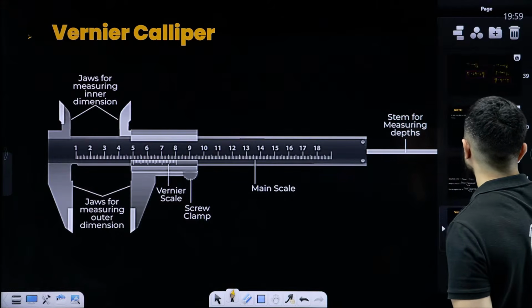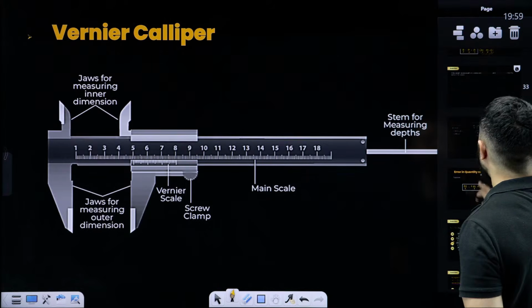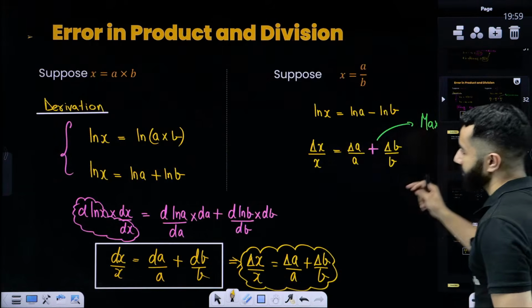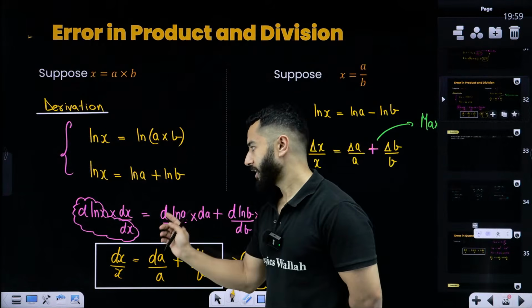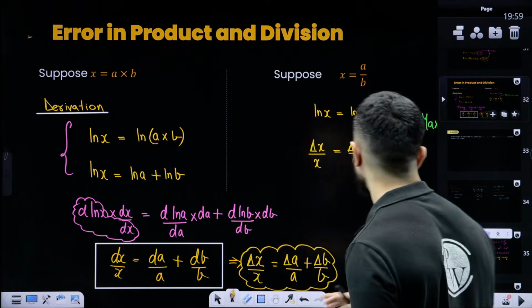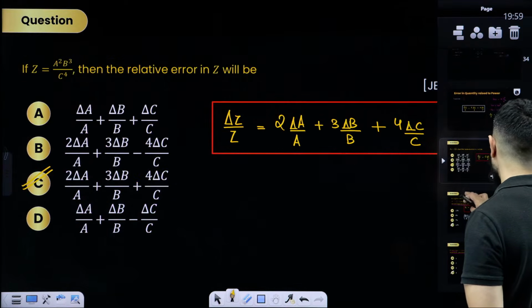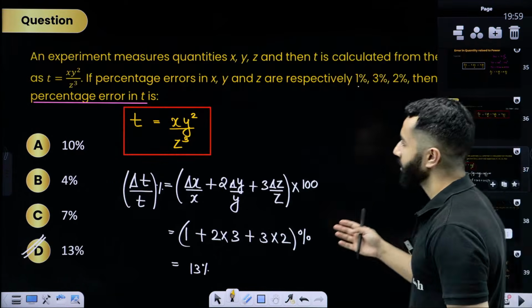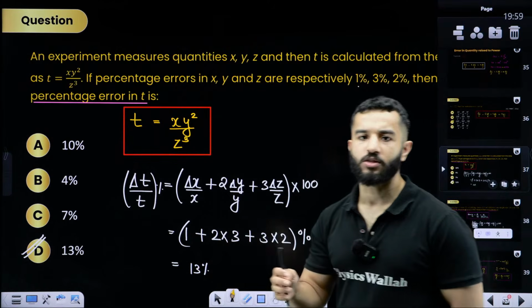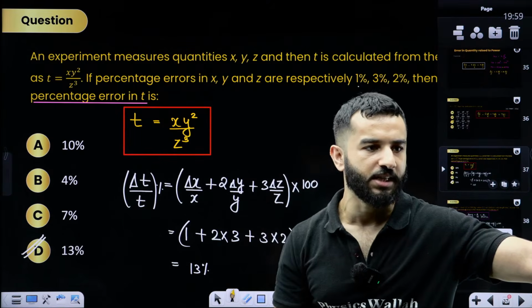If you get a difficult problem from this part, then kindly use this thing, natural log. There are only two possibilities. Either they can ask you a question like this from units and dimension, and these questions are from mains. It's not that they are going to ask a super difficult question from units and dimension. Units and dimension is an easy chapter.